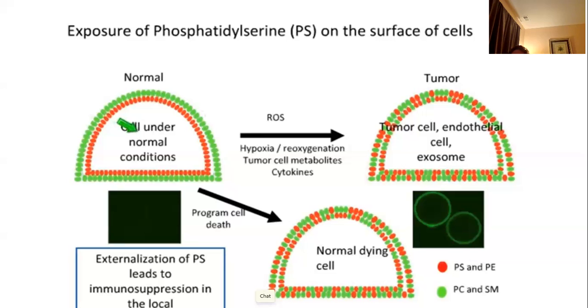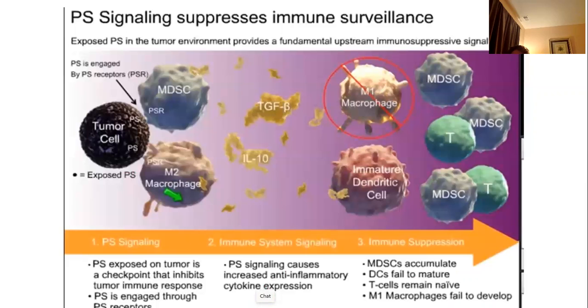And so from here, we understand the tumor is hijacking this mechanism that we wanted to get rid of the aging cells, and they're using it to their advantage to evade the immune system. And so this is how the PS signaling, which is the phosphatidylserine signaling works. See, there's the macrophages.